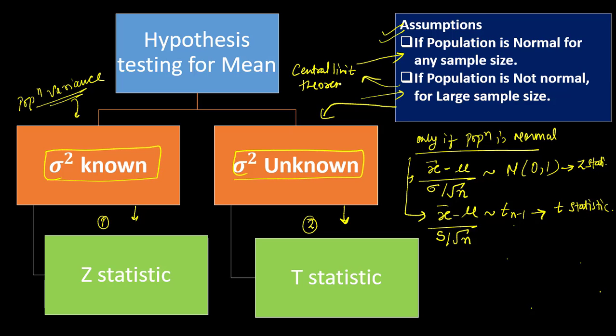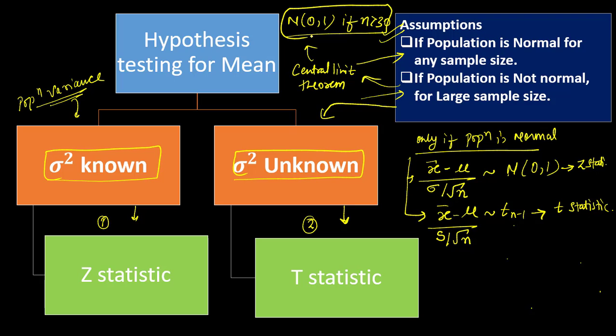As we have seen in our previous slides, the central limit theorem justifies the use of normal approximation for the sampling distribution of the mean if the sample size is large, that is, if n is greater than 30.